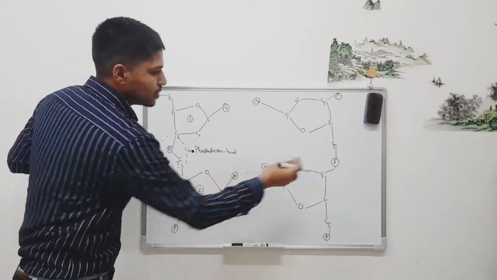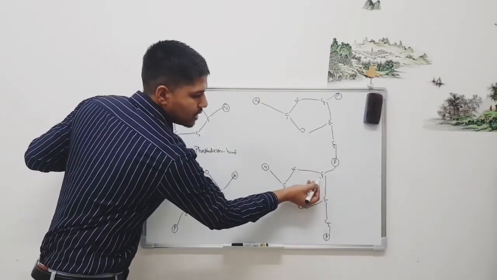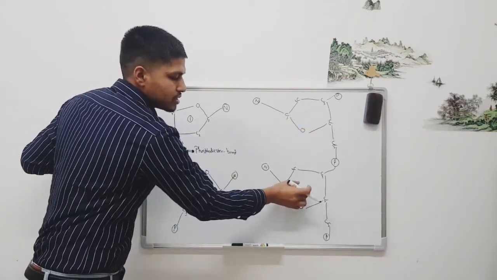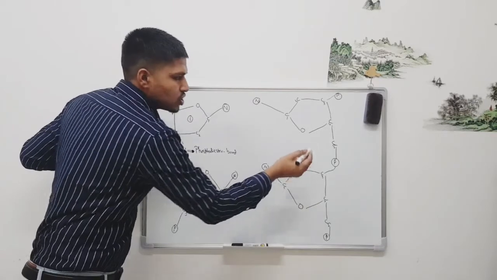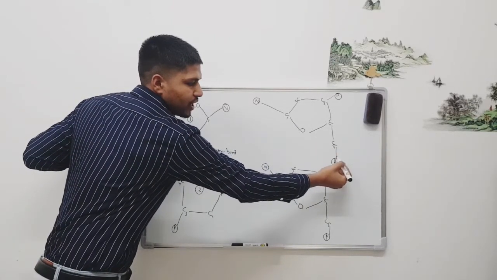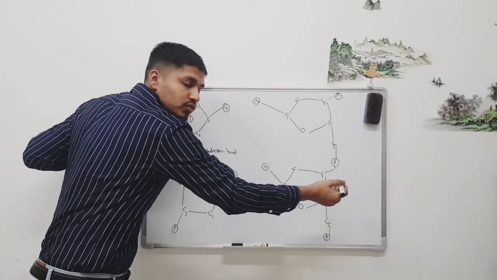Just look at this. This is carbon number 5, this is carbon number 3. This is the first nucleotide, this is the second nucleotide. Carbon number 5 contains a phosphate molecule, and carbon number 3 also contains a phosphate molecule.